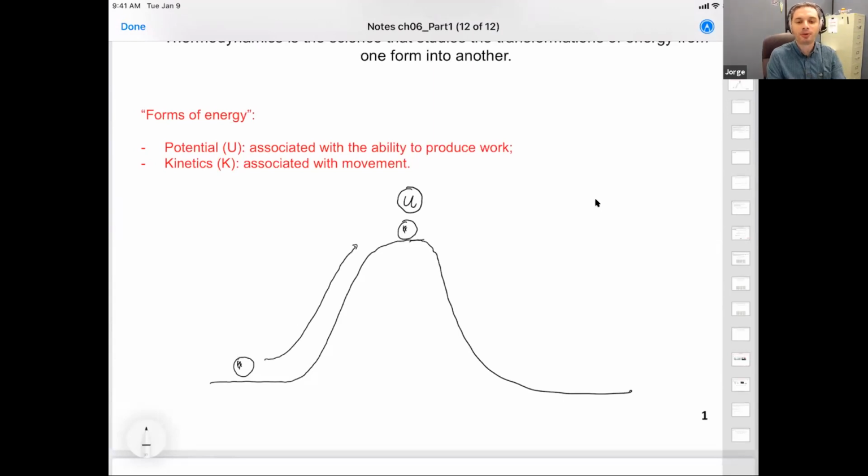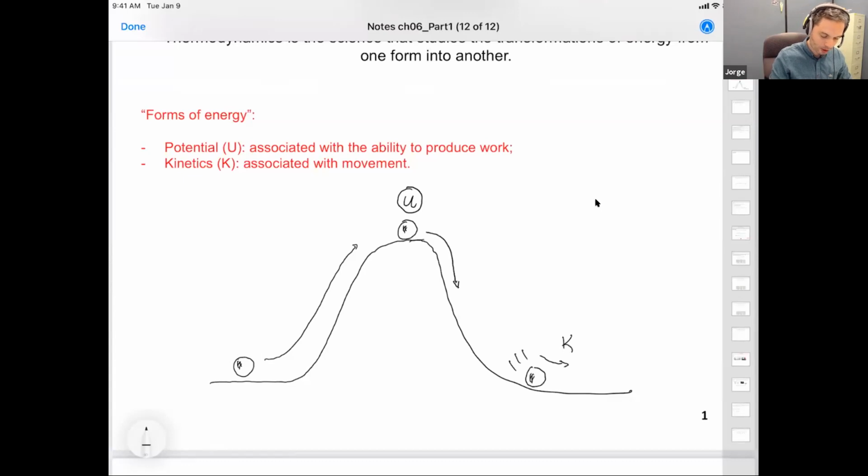The top of the hill is called a metastable state, which means with any small perturbation, it will move back to the bottom of the hill. And if we perturb this object slightly, this object will move down the hill, and all the potential energy now is going to be transformed into kinetic energy, because now there is movement here.